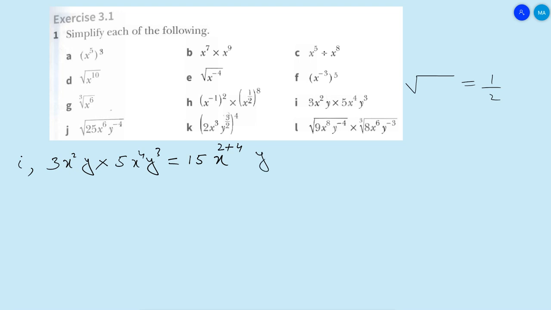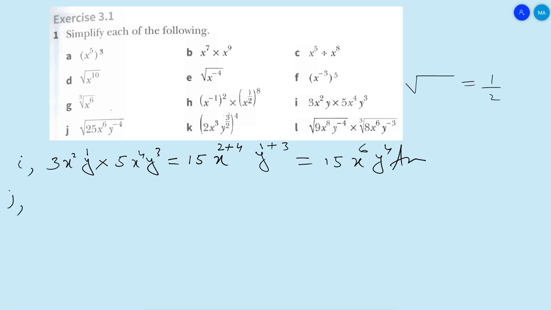And this is y. If you see no exponent, then you have to put 1. So 1 plus, what is this power? y cube, power 3. So 15 x to the power 2 plus 4 is 6, and y 1 plus 3 is 4. Final answer is 15x^6y^4. This is part I.